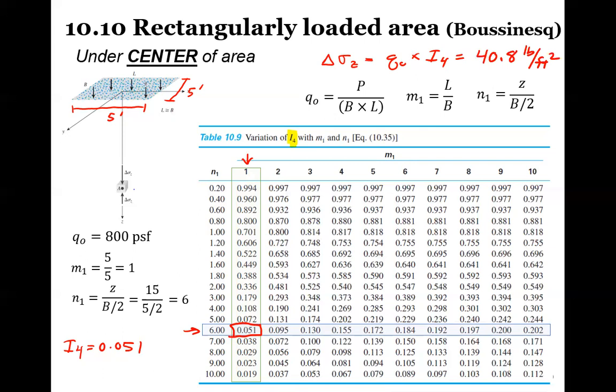So this is a conservative method, because using Boussinesq we're under the center of our footing, so theoretically this should be the max value. But Boussinesq is based on the theory of elasticity and an actual analytical equation, and we actually have a lower value.